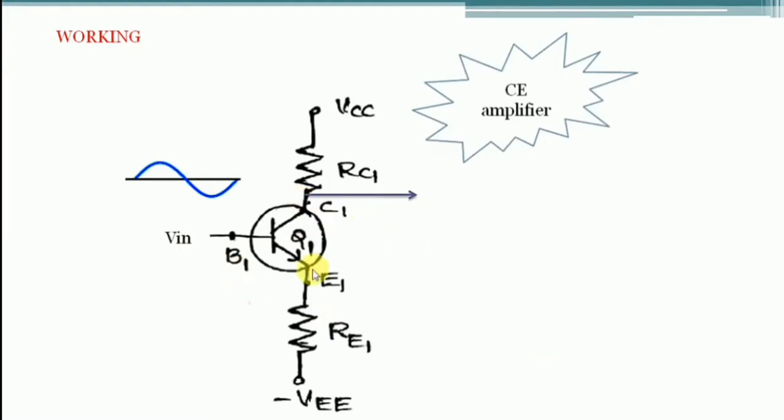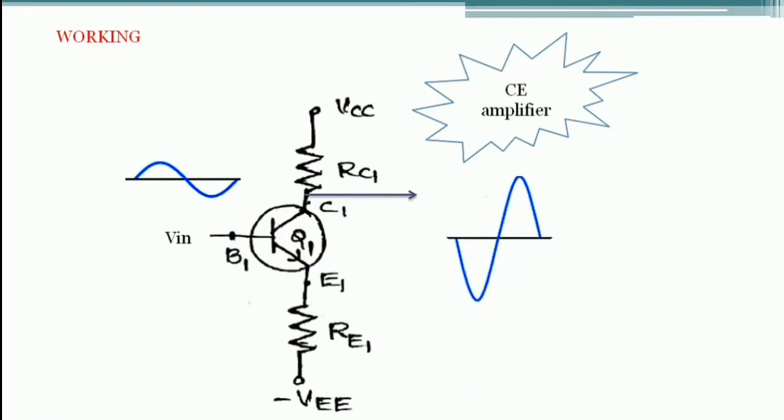From the basic characteristics of a transistor, if the input is applied at the base terminal and the output is taken from the collector terminal, we can call it a common emitter amplifier. From the basic definition of a common emitter amplifier, the output signal is the amplified version of the input signal, but with a phase shift of 180 degrees.